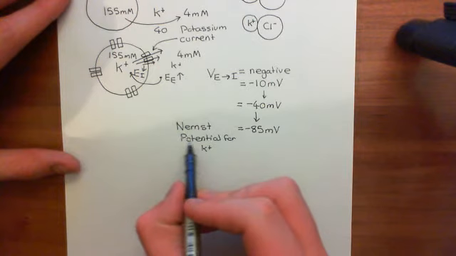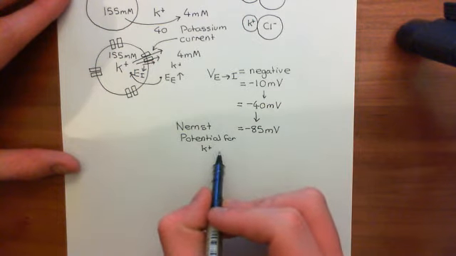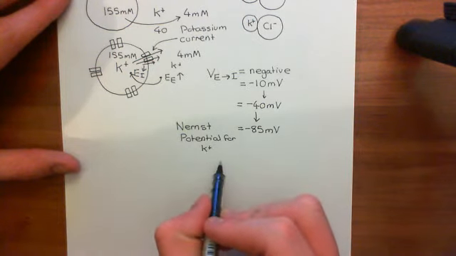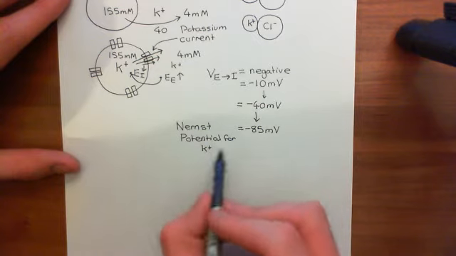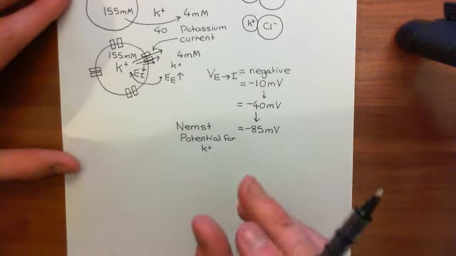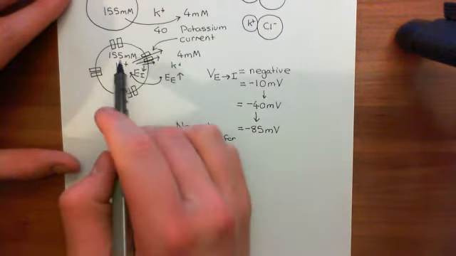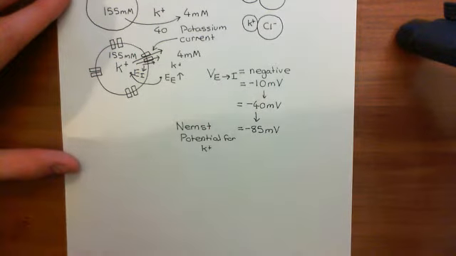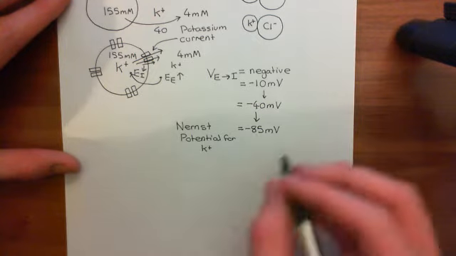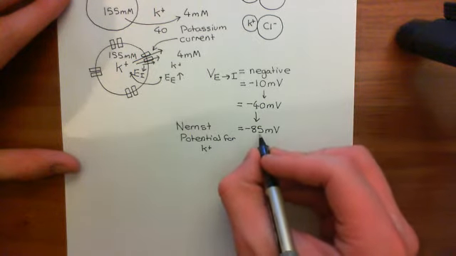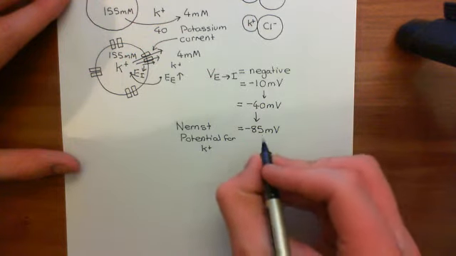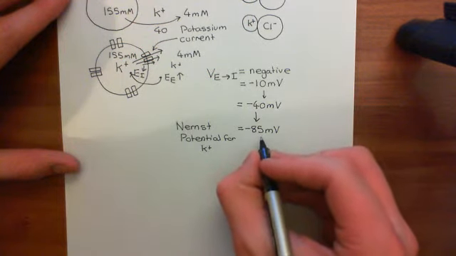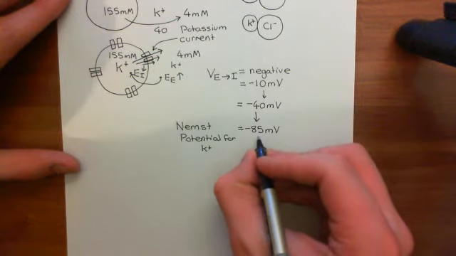So when we say Nernst potential for potassium, you might like to add across a cell membrane, because it's not something that's fundamental to potassium, it's something that's fundamental to the concentration gradient in potassium that you usually have across the cell membrane. Okay, so this is the electrical potential difference that you would need to have across the cell membrane to get no net movement of potassium across that cell membrane.